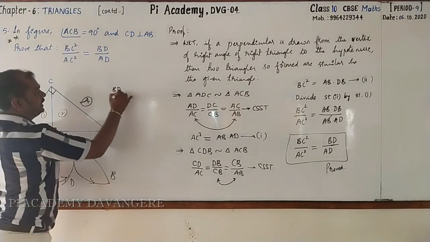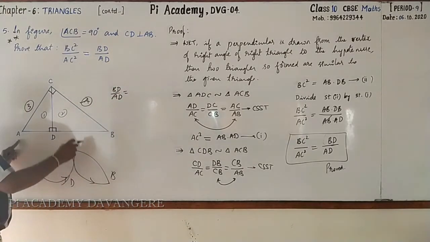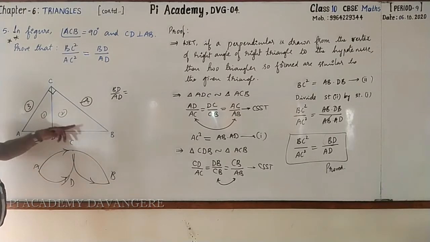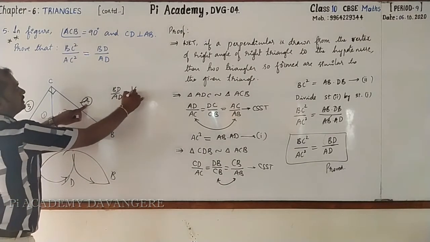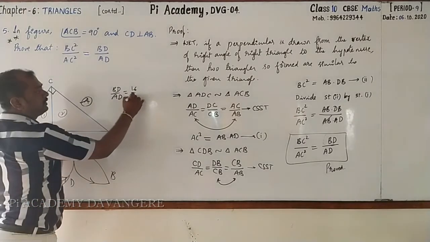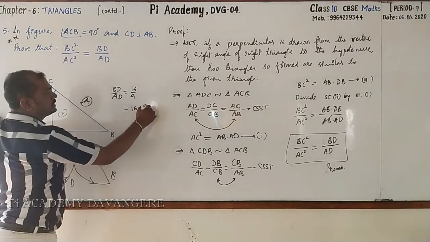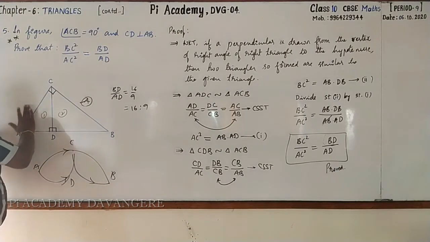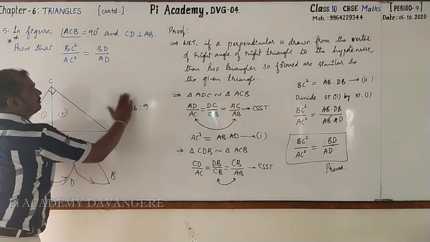Suppose BD by AD is asked. How do you go for writing? BD by AD is nothing but BC square by AC square. What is BC square? 4 square, 16. AC square, 3 square, 9. So the ratio is 16:9. Like this a question can be asked for 1 mark. So please do remember this.